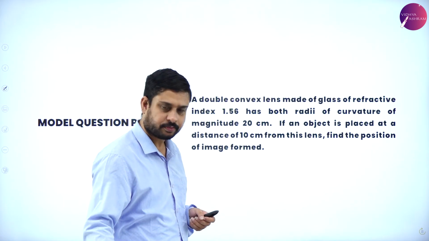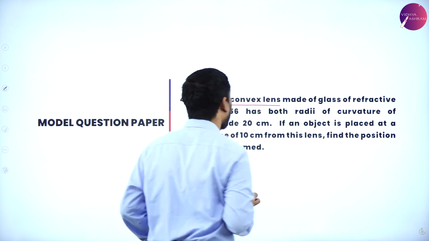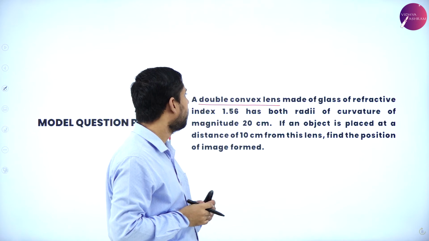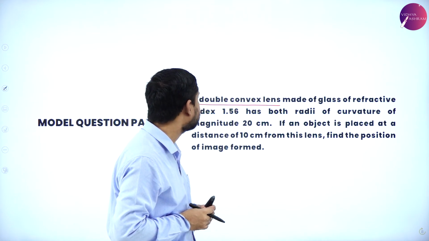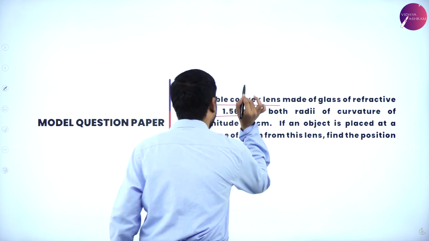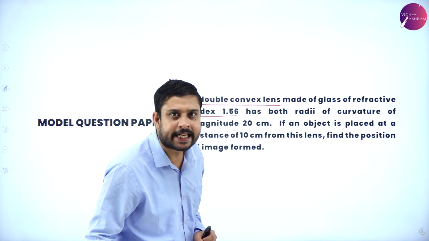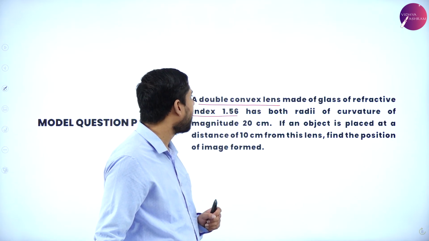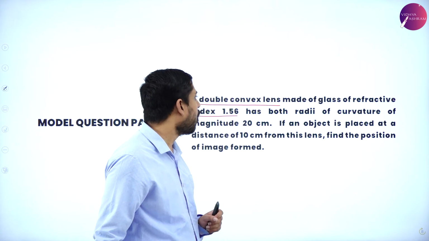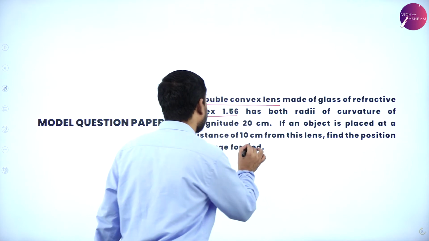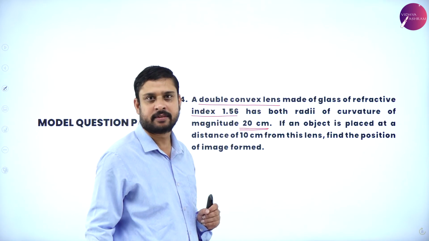The next one. A double convex lens made of glass of refractive index 1.56, so refractive index of glass 1.56, has both radii of curvature of magnitude 20 centimeter.